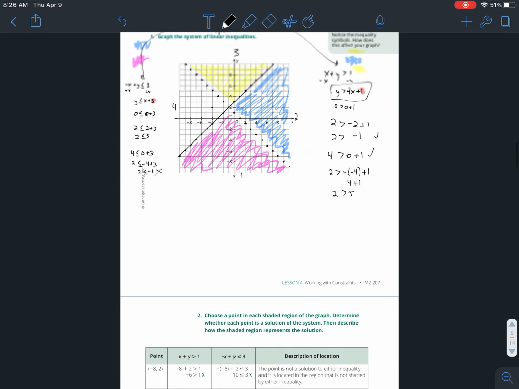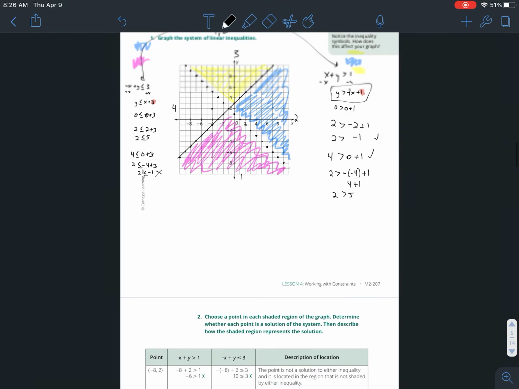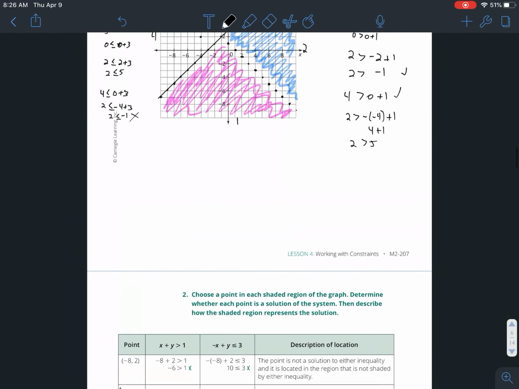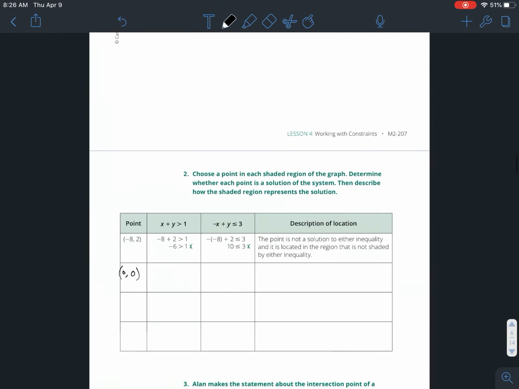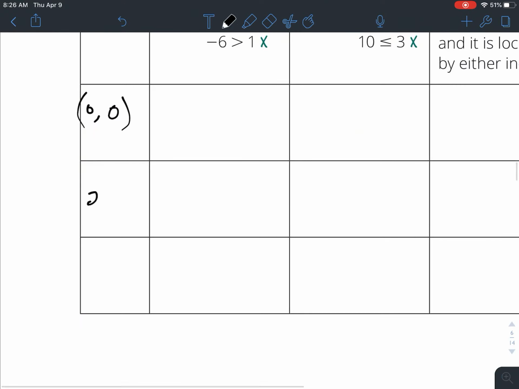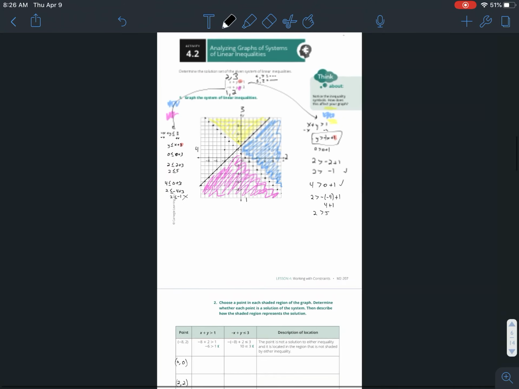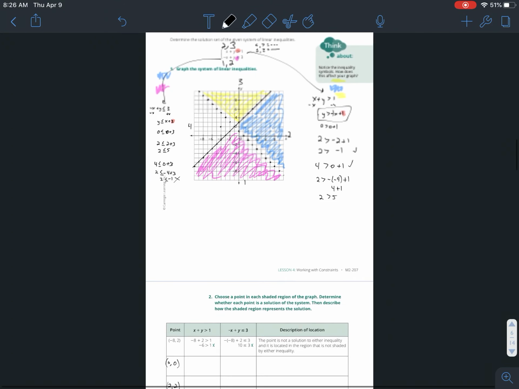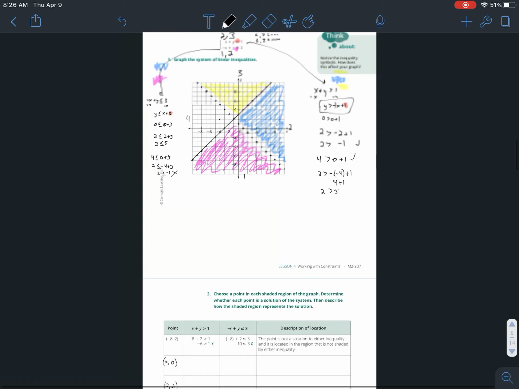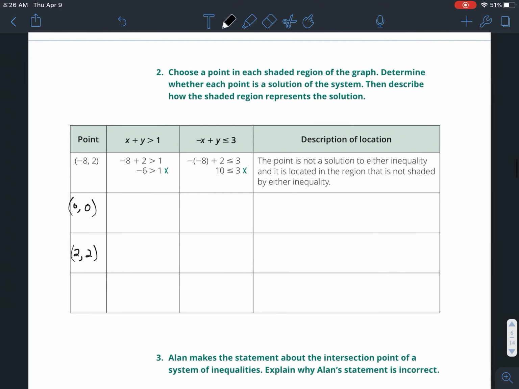We also said 2, 2. And they did negative 4, 2. Yep, they did zone 4 for us already. And then we did zone 3, which was 0, 4.